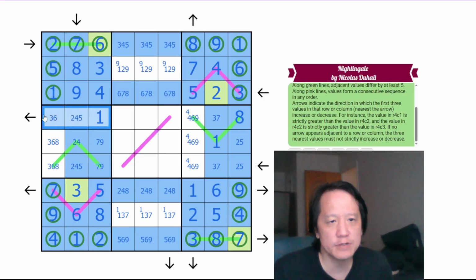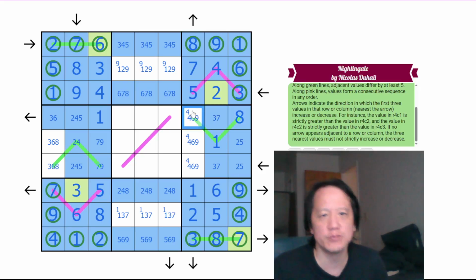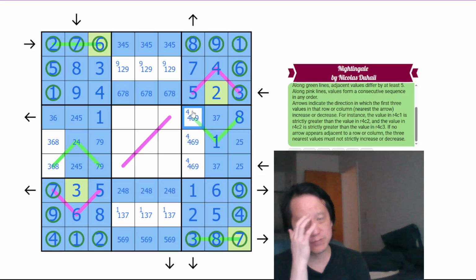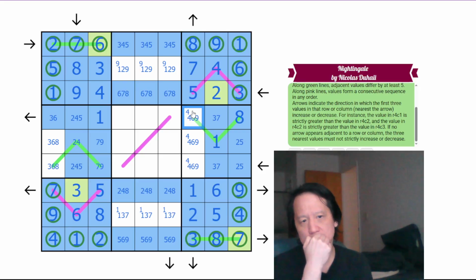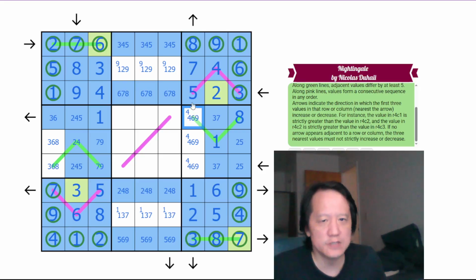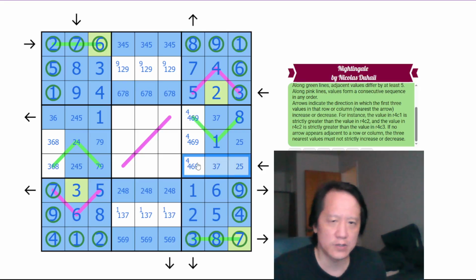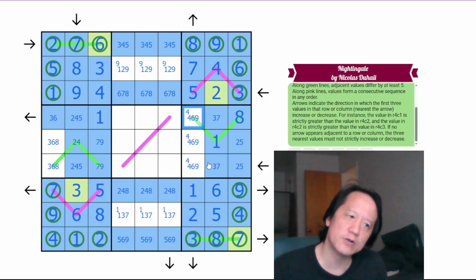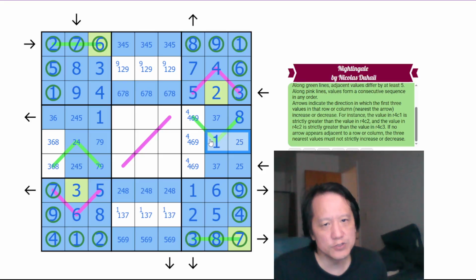This must be increasing there. We have 8 down to 3 or 7. It must go back up. Huh. So this is consistently increasing here. This must be increasing here. So this goes down to the 1 and back up to the 4, 6, or 9.